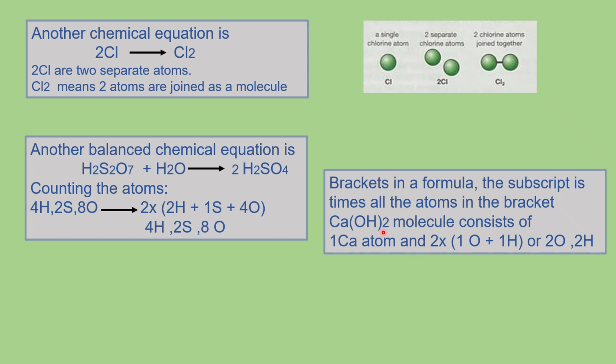So you have 1 oxygen atom and 1 hydrogen atom multiplied times 2. Therefore, you have 2 oxygen atoms and 2 hydrogen atoms. So the number of atoms in calcium hydroxide, Ca(OH)2, is 1 calcium atom, 2 oxygen atoms, and 2 hydrogen atoms.